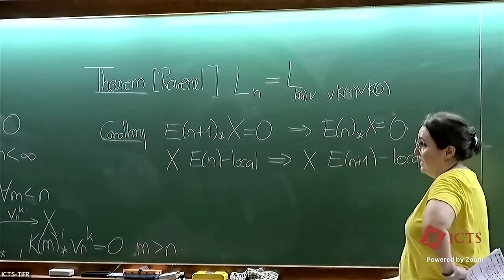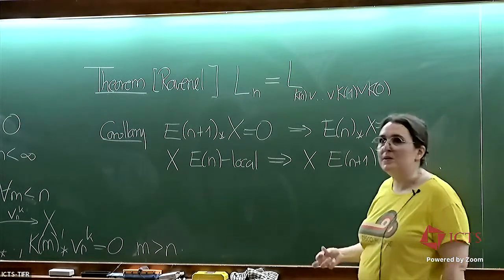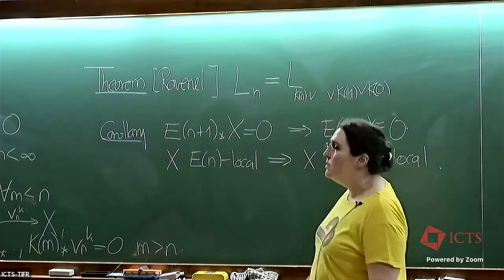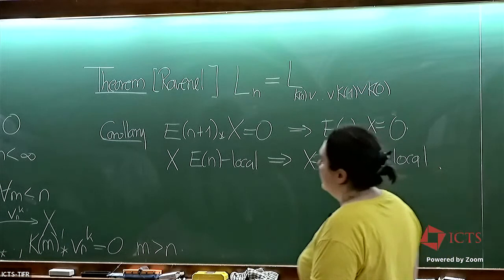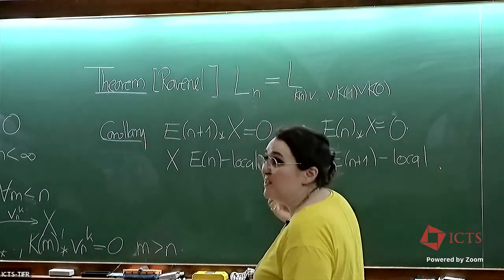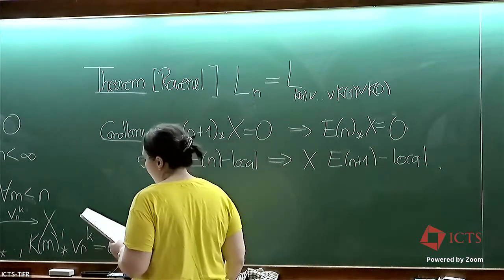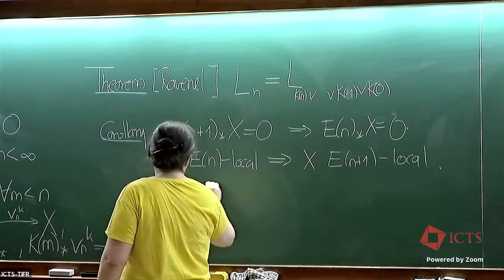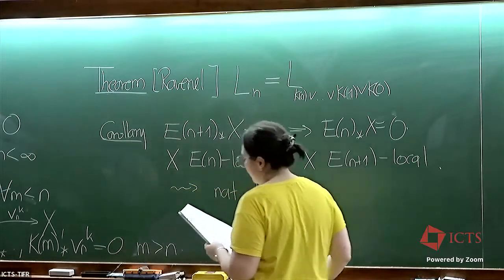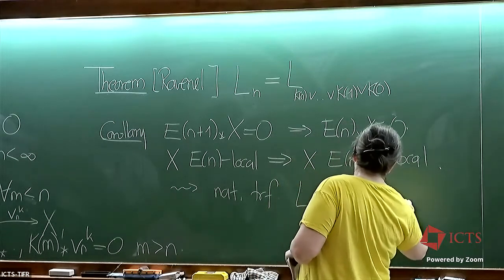And that is why I took the time last time to show you that if X was rational, it was K local, because the higher, even more chromatic levels behave just like that. So that means in particular, you have a natural transformation between localization functors, between this one and this one.